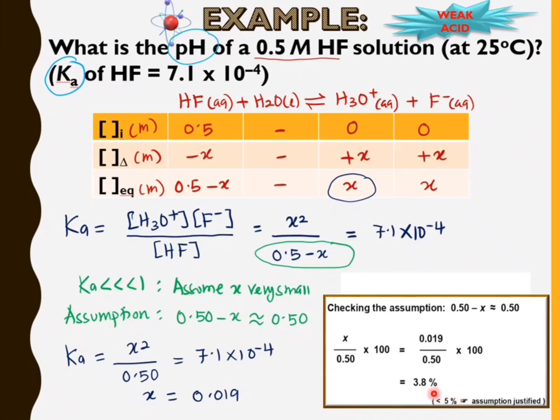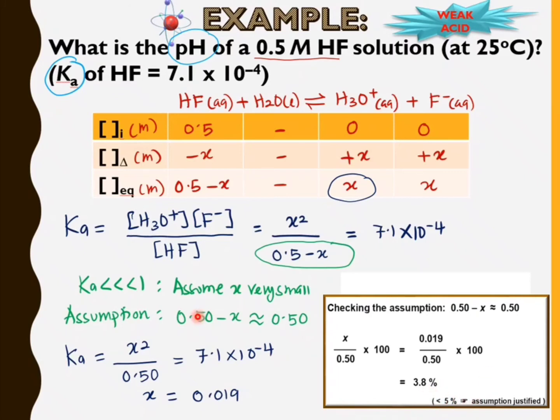Okay, bila kurang daripada 5%, bermaksud your assumption is justified. Kenapa kurang daripada 5%? Sebab ini weak acids class. Kita tahu kalau weak acid, dissociation dia sangat kecil. Okay, sebab very slightly, dia tak macam strong acid 100% dissociate, betul tak?